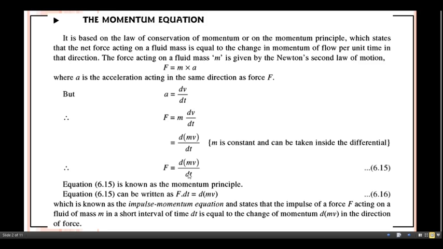This can also be written, if I take dt to the other side, as F dt equals d(mv), which is known as the impulse momentum equation. It states that the impulse of the force F acting on a fluid of mass m in a short interval of time dt is equal to the change of momentum, that is d(mv), in the direction of force.